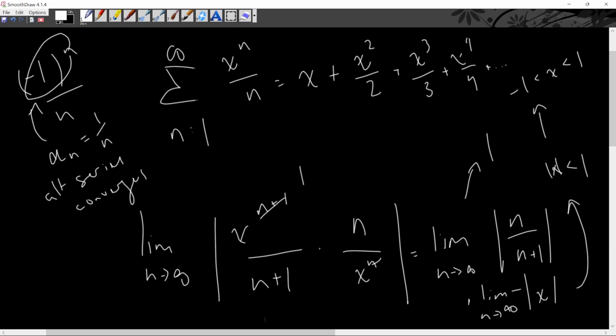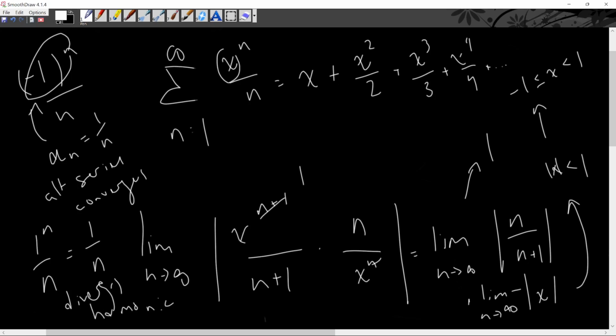So we can put a nice equal sign right there, and we also have to plug in x equals 1. So we're going to have 1 over n, because 1 to the n over n is equal to 1 over n, and this diverges because this is harmonic.